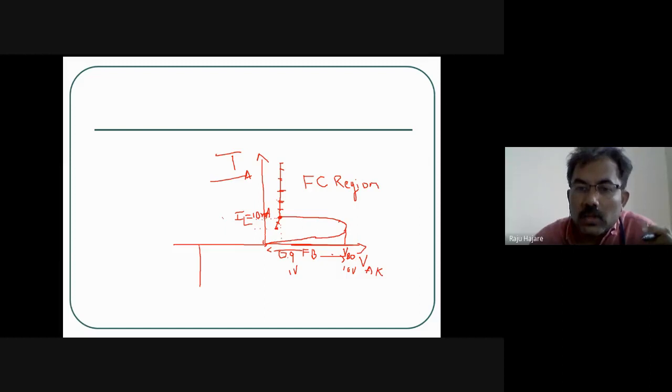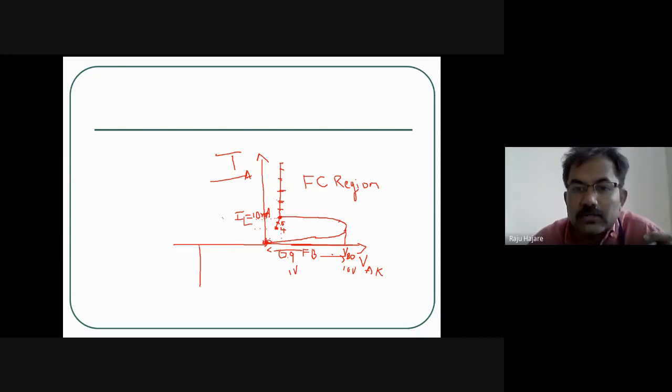Okay. So now your current is decreasing as you are decreasing VAK further. Your current is decreasing from 10 milliamps to 5, maybe here 5, maybe here 4 milliamps, and after 4 milliamps, if you try to reduce VAK, suddenly it falls to 0.